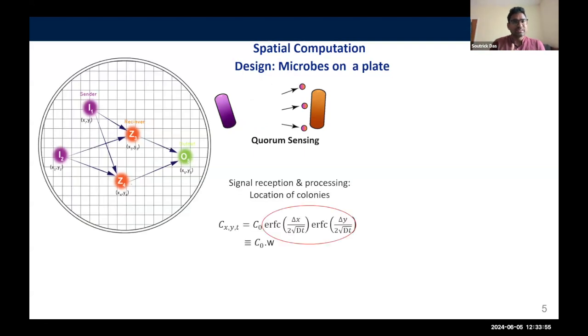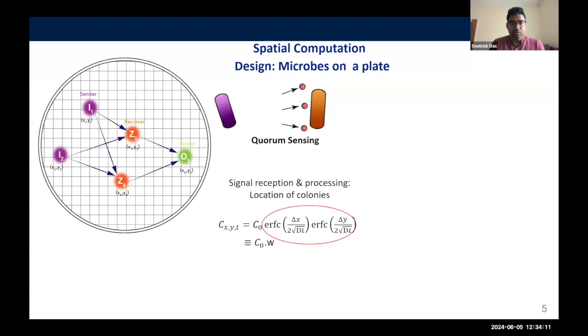The reception and processing of this signal is highly influenced by the location of the colonies, which is similar to the natural self-organization of bacteria to perform specialized tasks.